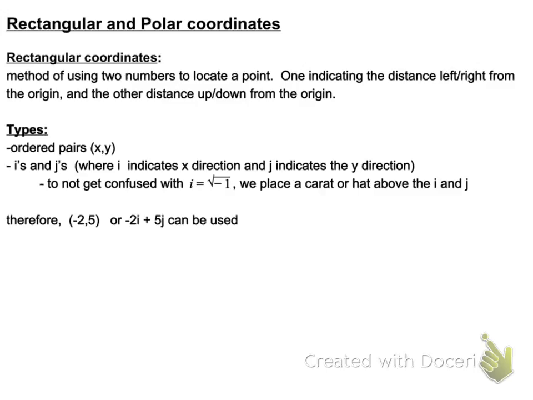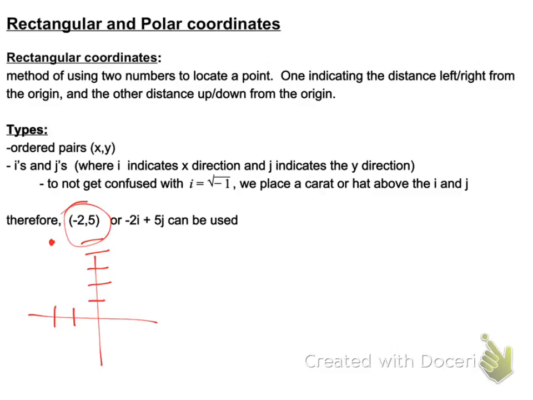So if I say on the bottom here I have -2, 5, you could say, hey, I could graph that. It's not a big deal. We've been doing that since probably 6th grade, if not earlier. Go back 2 and up 5. There's your point, right?